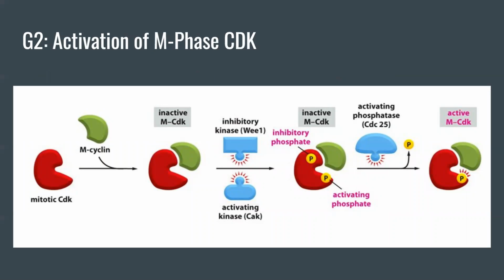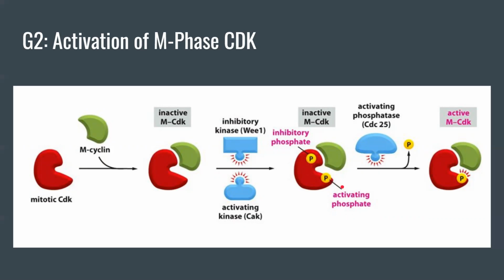So here's what happens. This is the activation of M phase CDK. You start with your mitotic CDK and you get your M cyclin, and you make this complex, MCDK. However, it's inactive because there's no activating phosphate. This is before any phosphates are added. Then at the same time, you get both the activating kinase and the inhibitory kinase, CAK and WEE1. CAK will put a phosphate on the activating position, but WEE1 counteracts that by putting a phosphate on the inhibitory position.